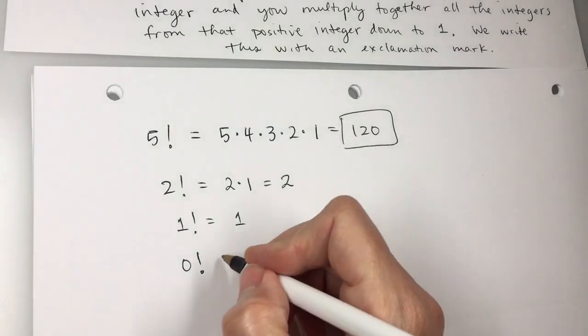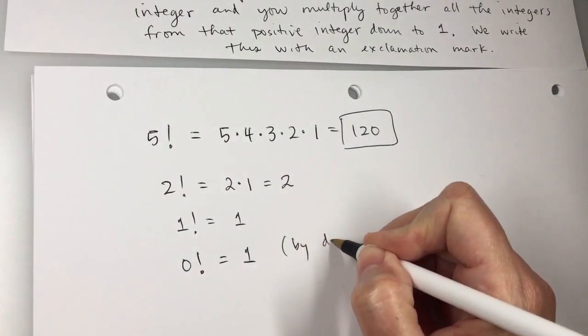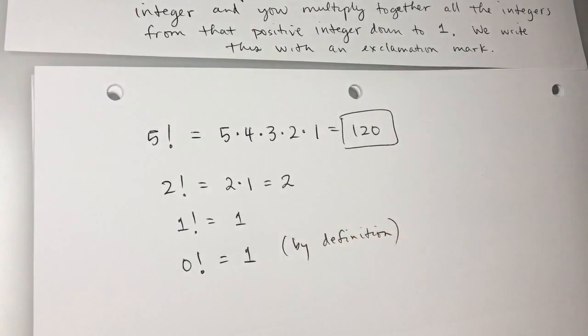Now this 0 factorial, this is by definition. And when mathematicians say something is by definition, they're saying because we said so. You know, like your mama telling you, because I said so. 0 factorial is 1 by definition.